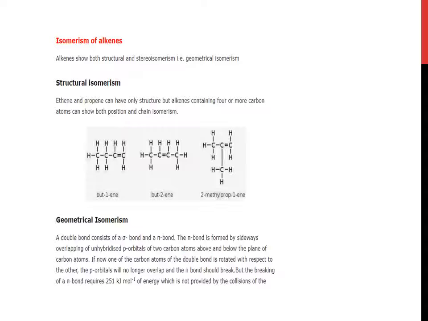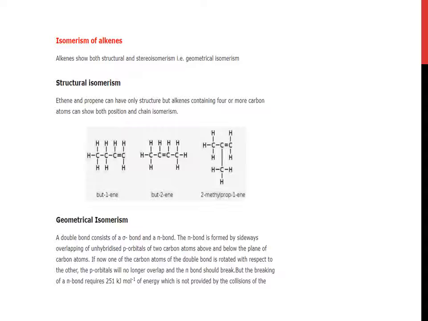And pay attention, here the lowest number is given to the double bond, whatever is the position for the substituent CH3. That's why in this example it is 2-methyl and not 1-methyl. It is 1-ene, not 2-ene. Okay, clear?